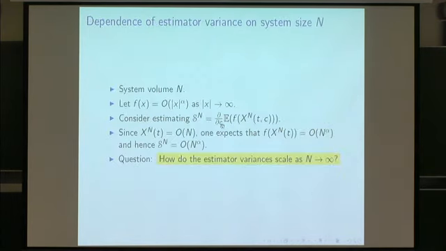So suppose now I'm estimating the expected value of an output function f, and let's say f scales as x to the alpha. Since the process is scaling as O(n), I would expect that f of x_n would scale like O(n^alpha).